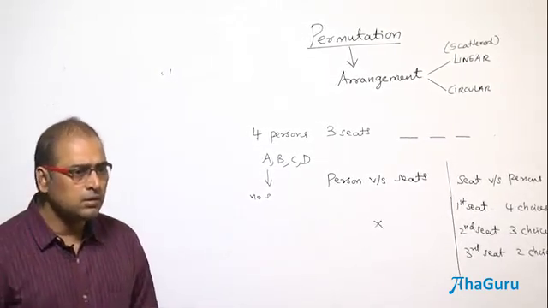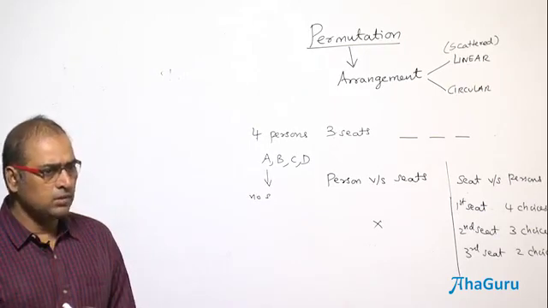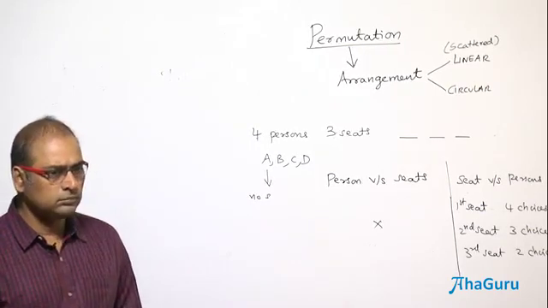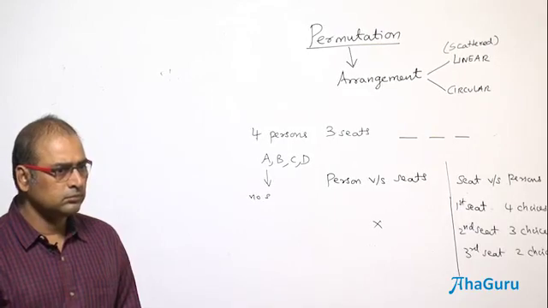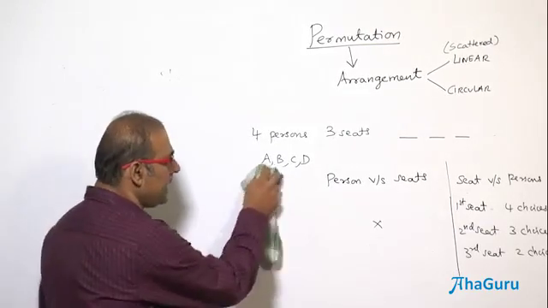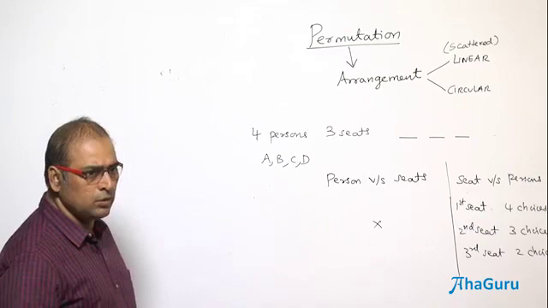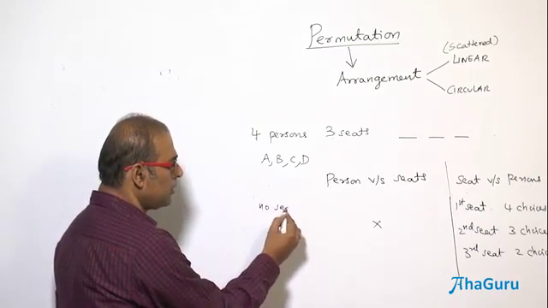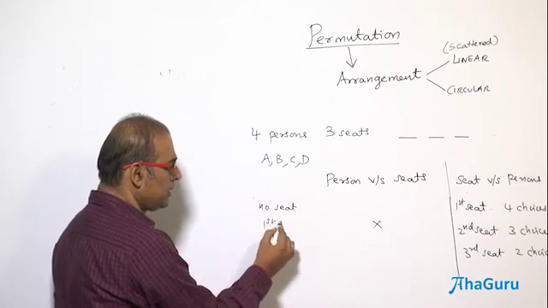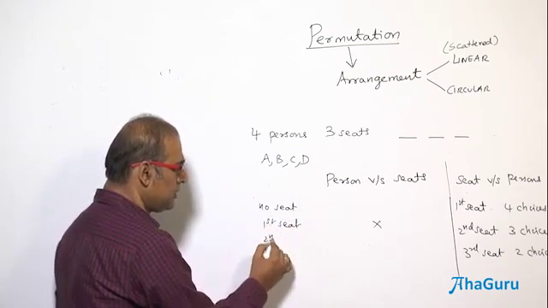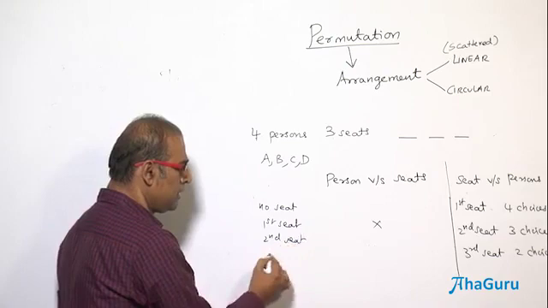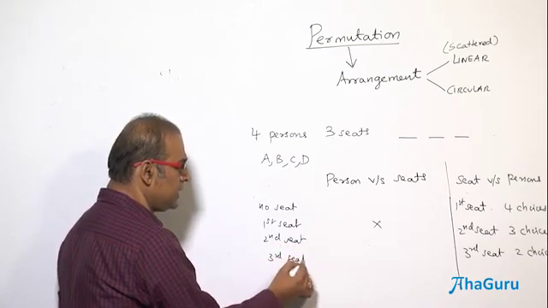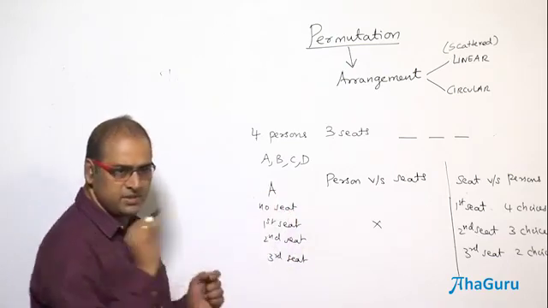And not 2 seats. Okay, so A has how many choices? 4. That is no seat, or the first seat, second seat, or third seat.